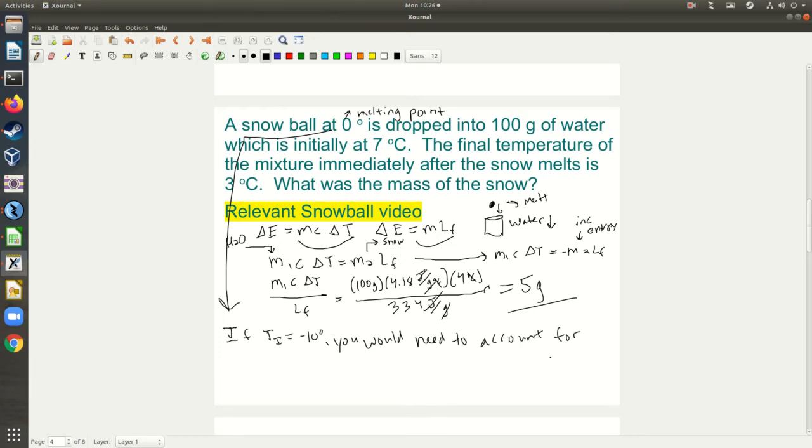For extra energy. It would make this problem significantly more difficult, but it can be done. You would just need to account for that extra energy to get it up to the melting point. So pay attention to where these temperatures are. That will kind of help you.